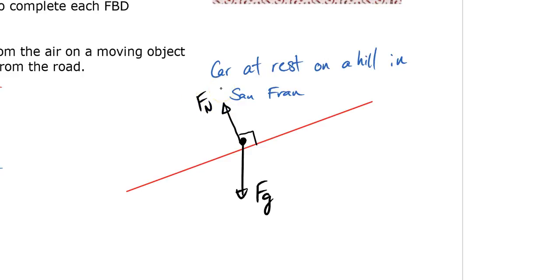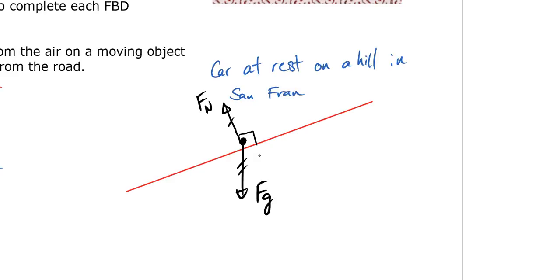Okay, so notice how Fn is slanted to adapt to the hill. FG is actually a little bit longer than Fn, and so what FG does is it's going to pull your car down the incline.